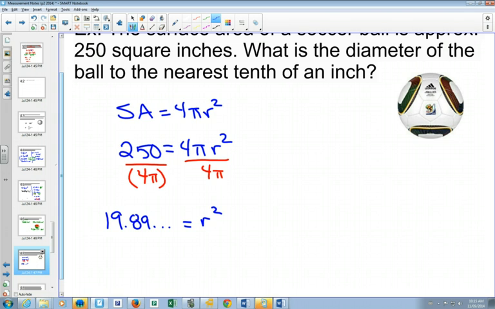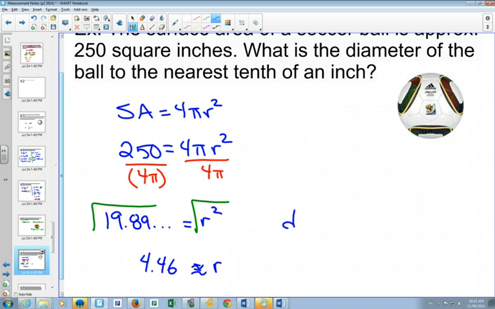That's r squared. How do I find r if I know r squared? Exactly. We're going to have to square root both sides, because the opposite of squaring something is square rooting. 4.46 approximately.